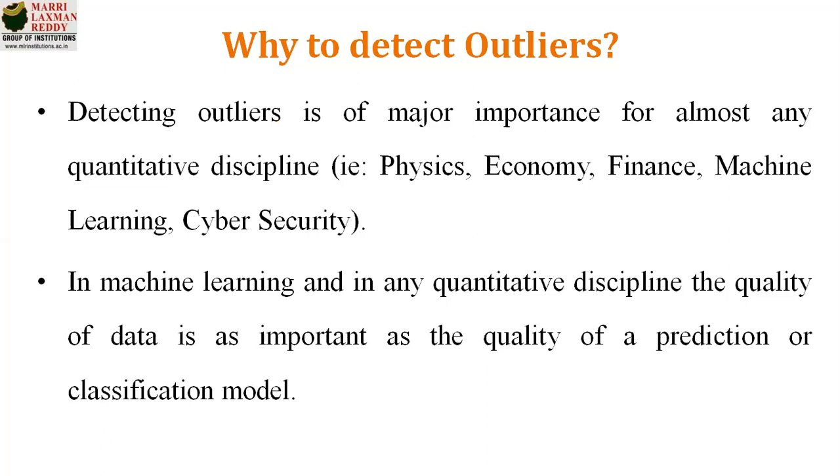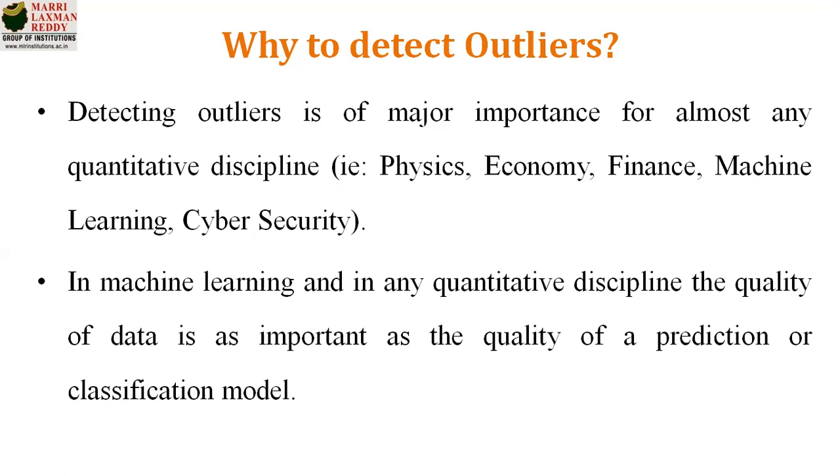Okay. And now let's try to understand why we actually need to detect outliers. What happens if you are not detecting outliers? Detecting outliers is of major importance for almost any qualitative discipline.